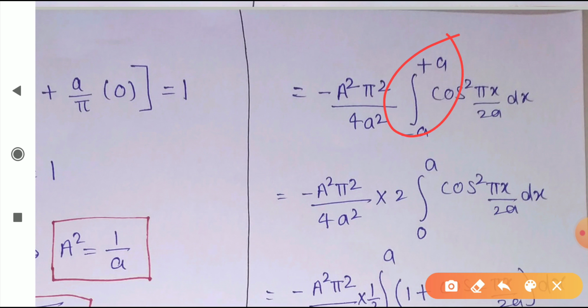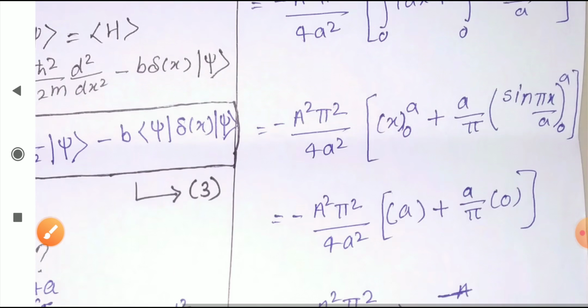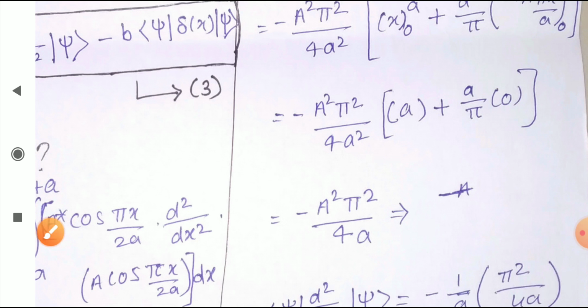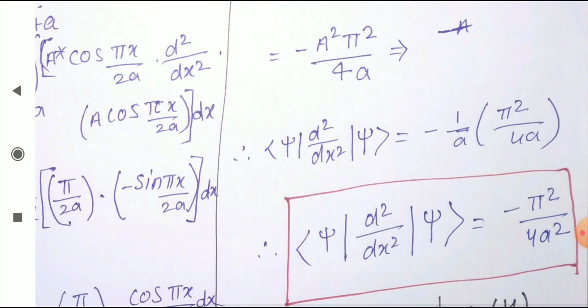Either you convert this integration form into this, or directly solve, you will get the same answer. Here I have not explained every step, because already I have explained earlier in normalization condition how to solve the integration of cos square x. Okay, so first we have got this.